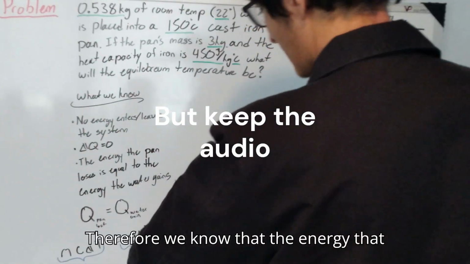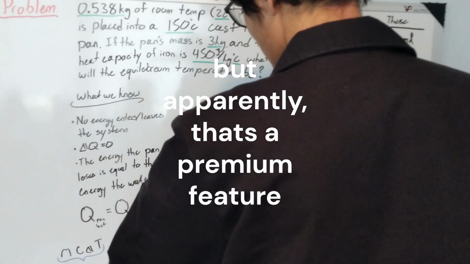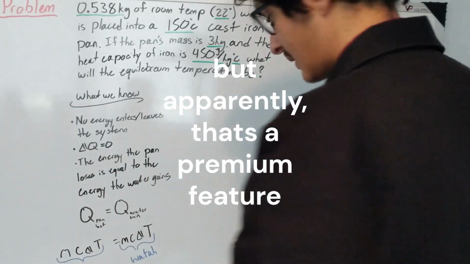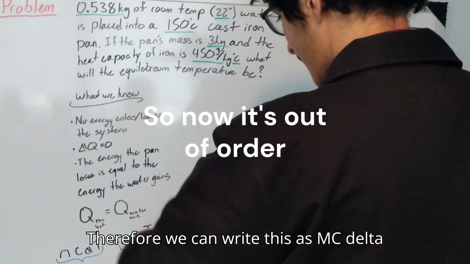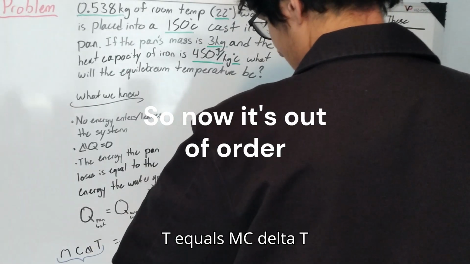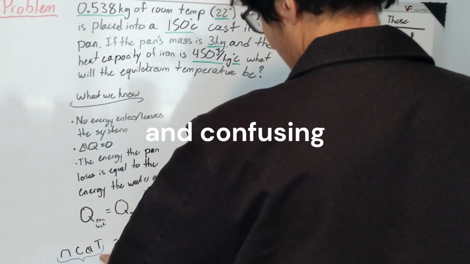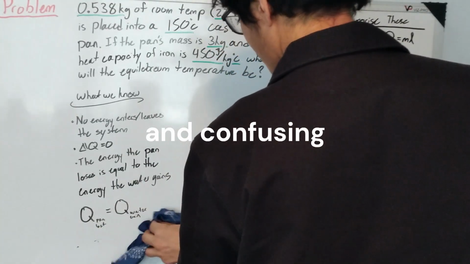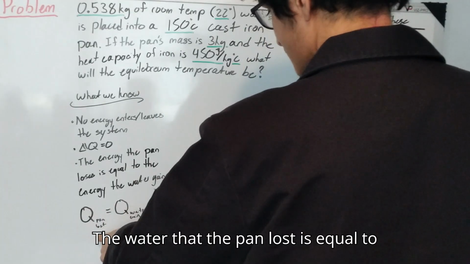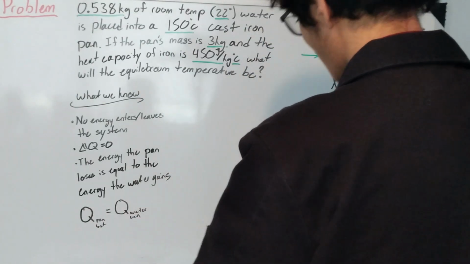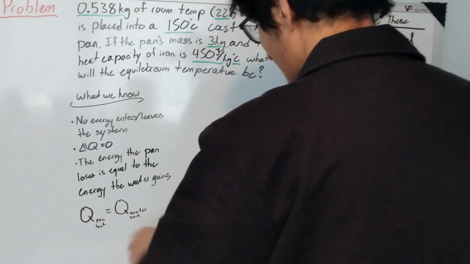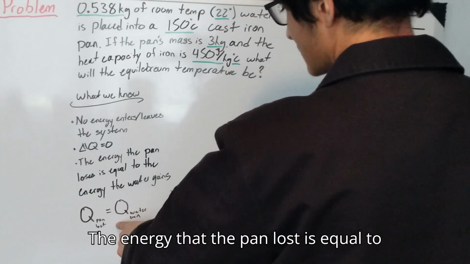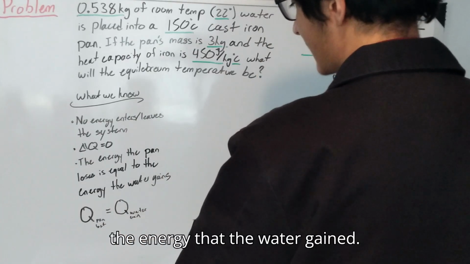Therefore, we know that the energy that the water gains, we can write this as MC delta T equals MC delta T. The energy that the pan lost is equal to the energy that the water gained.